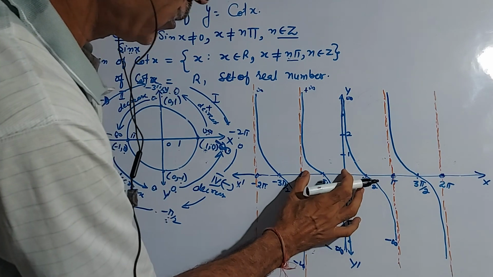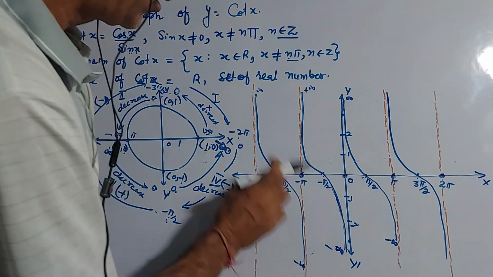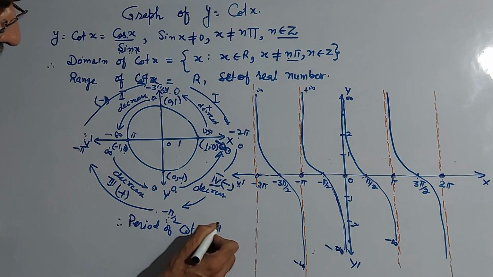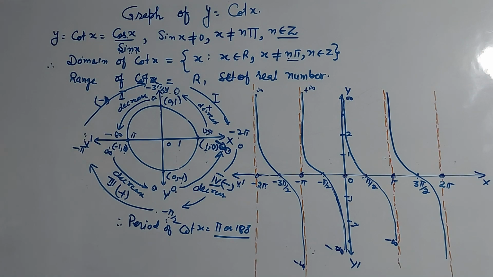It means after 180 degree, the value of cot x repeats. Therefore, the period of cot x is pi, or we can say 180 degree, like tan x. So this is the graph of cot x.